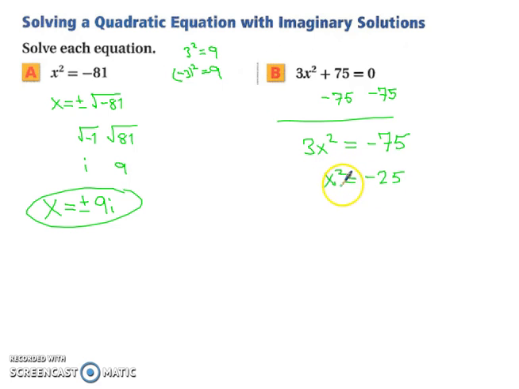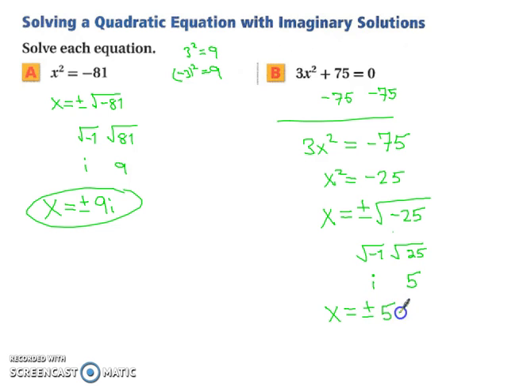X squared is now by itself, so now we can take the square root. So x equals plus or minus, because once again we're solving, the square root of negative 25. We can break this into the square root of negative 1 times the square root of 25. The square root of negative 1 is i, and the square root of 25 is 5. So therefore, x equals plus or minus 5i.